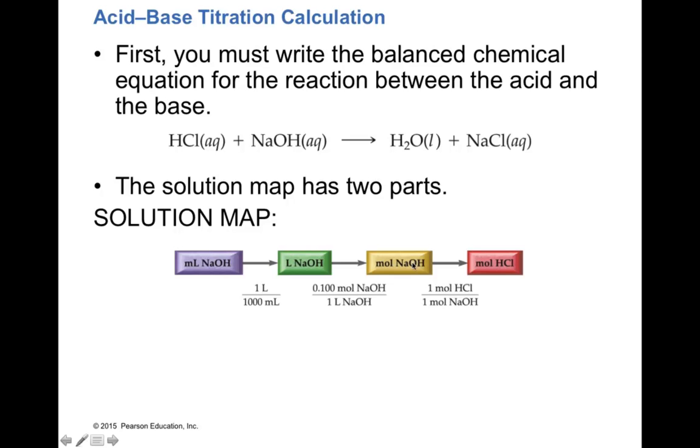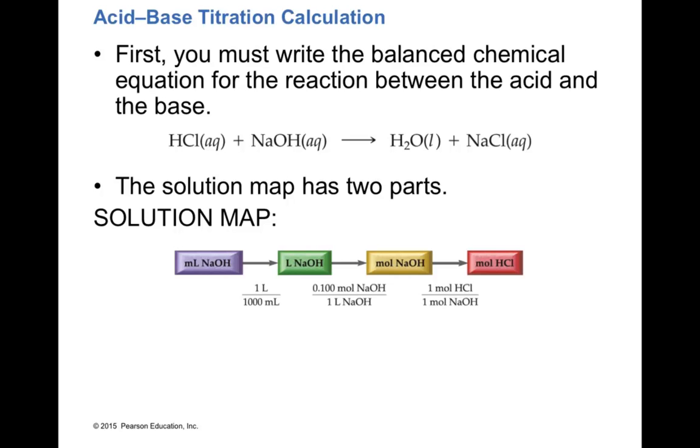And now this mole of sodium hydroxide, we need to turn to moles of hydrochloric acid using the conversion factor obtained from the coefficients of the balanced chemical equation, that is 1 to 1. So now we have the moles of HCl, and we're looking for the concentration of HCl. The concentration that we know, the unit that we are using is the molarity, moles over liter.